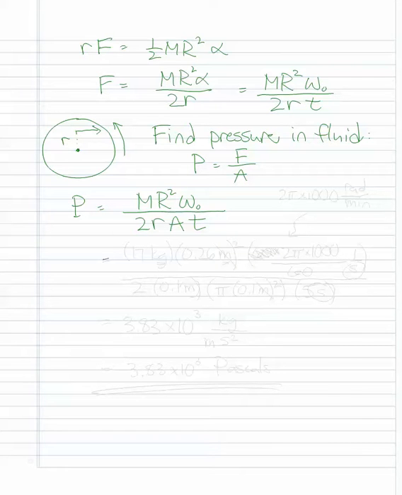So if we plugged in the numbers that we had in class, we had something that looked like this. We had 17 kilograms, and the radius was 0.26 meters squared. The original spinning was 2 pi times 1,000 radians per minute, which means it has to be 2 pi times 1,000 divided by 60 radians per second.